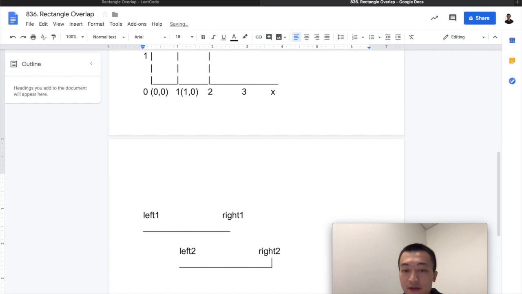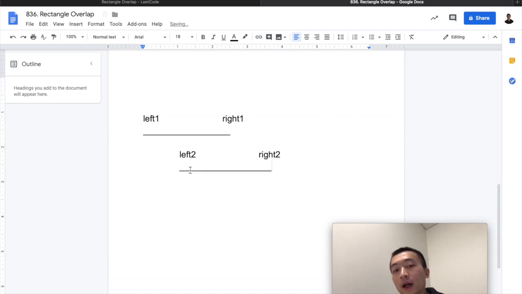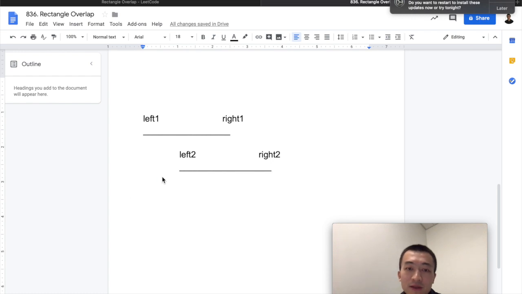How can we know whether they overlap? First, let's figure out the possible intersection relationships between these two segments.